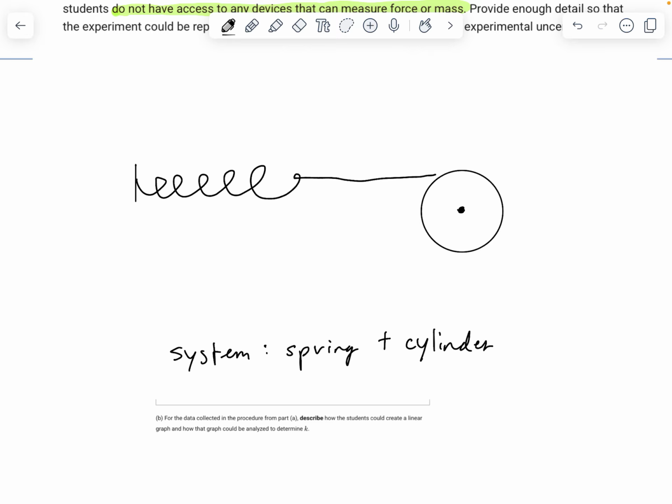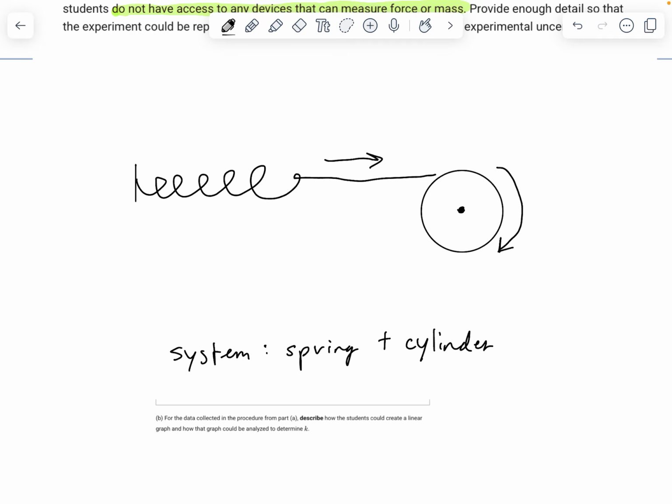Let's talk about why. When I see this problem, I see energy transferring from the spring to the cylinder and vice versa. So, for instance, if I wind the wheel in this direction, the clockwise direction, as seen from this angle, the string will want to move this way, and that'll extend the spring and give the spring energy.